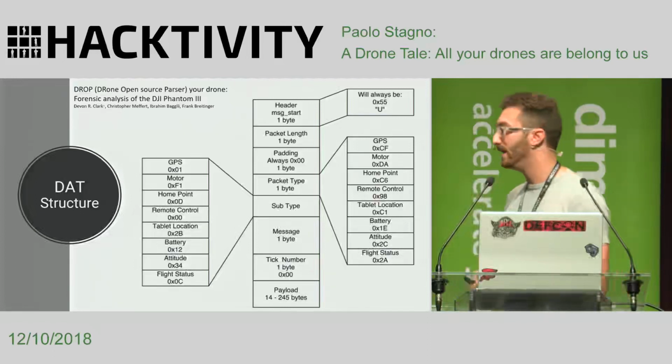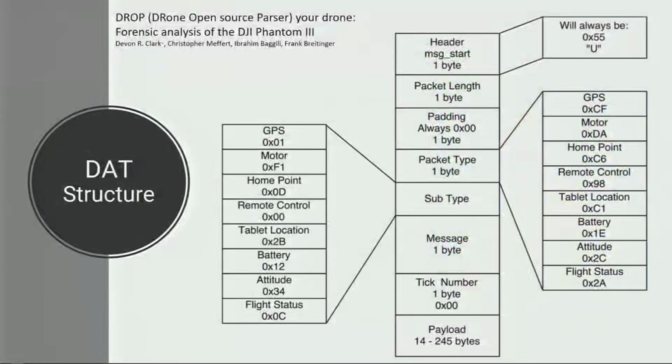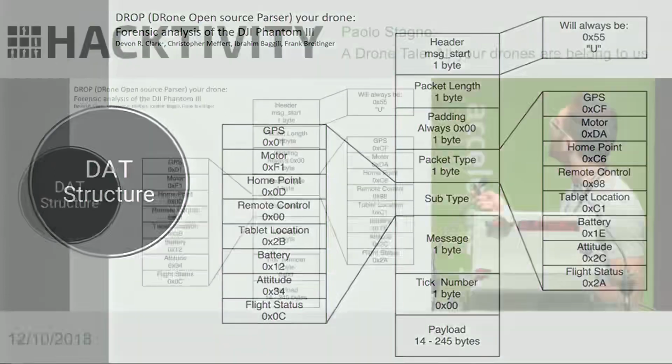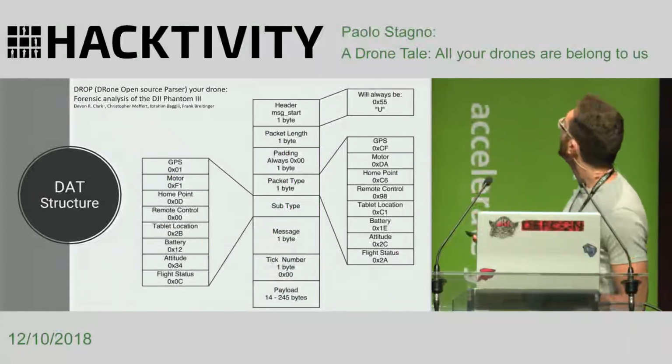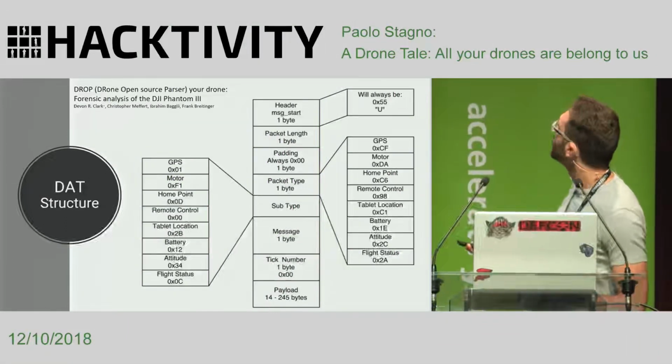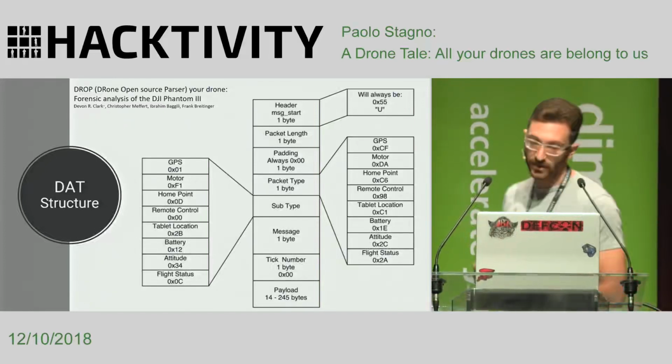Speaking about the DAT files present on the black box, they are proprietary DJI files, and the structure of the file, as you can see from the image, really resembles the packet structure for the SDK. So again, we have the first byte that is a magic number, always the hexadecimal value 55, and after that we have, again, who's speaking, the sensor, and other indications.